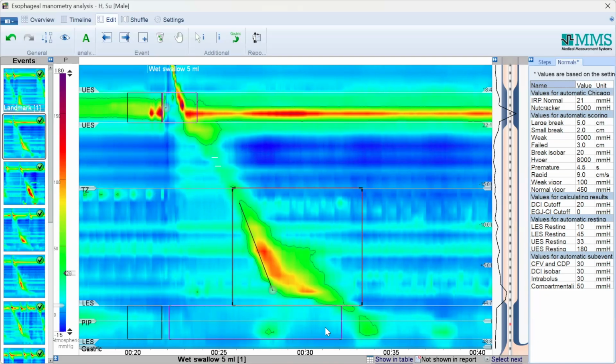But sometimes in some cases it could be 21 or 22. In such cases we have to correlate with the symptoms. If the patient's symptoms are totally normal and the scope is normal, and the IRP is 21 or 22, we can say it's normal.